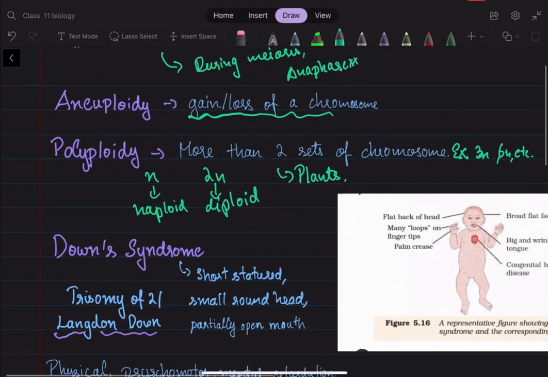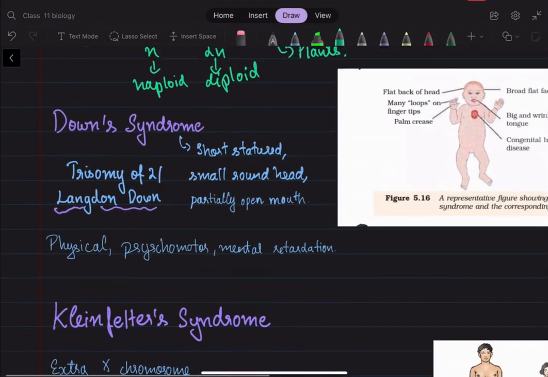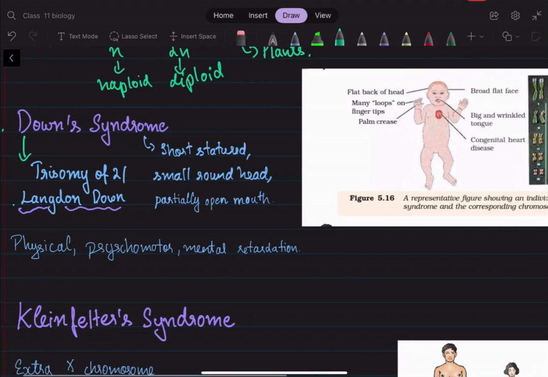Now coming to the chromosomal disorders. One of the famous examples is Down's syndrome. This Down's syndrome is caused by the trisomy of the 21st chromosome, and it was first observed in a person named Langdon Down, and that is why it's named after him.